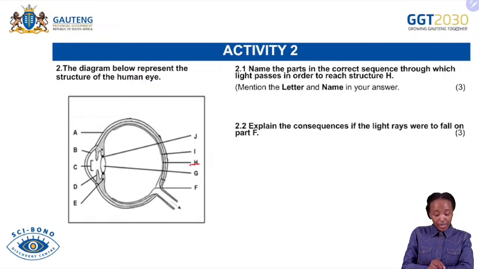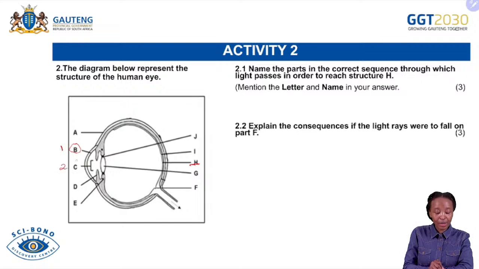So if we look at this diagram, we can start by saying B will be the first part, because B is pointing at what? At the cornea. So it's B, cornea, and this would be our structure number 1.